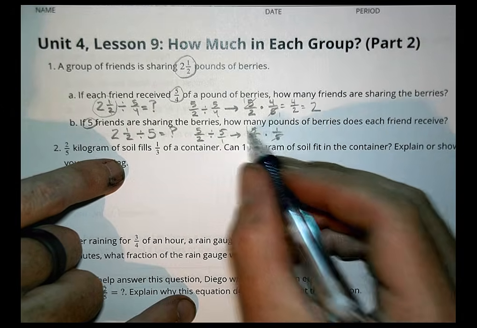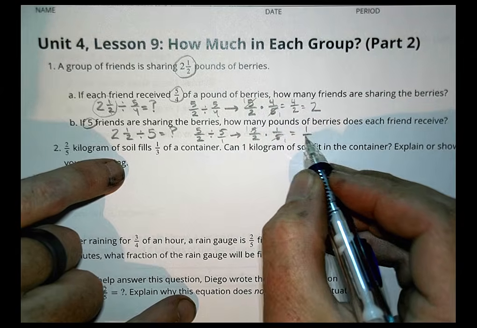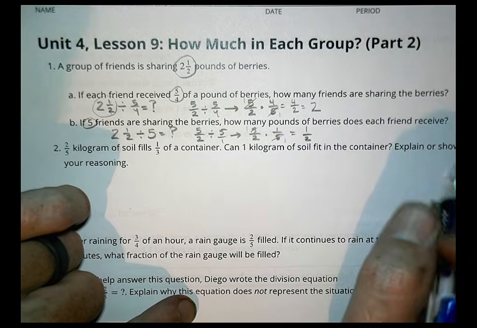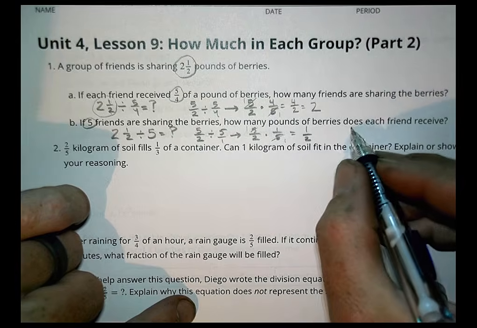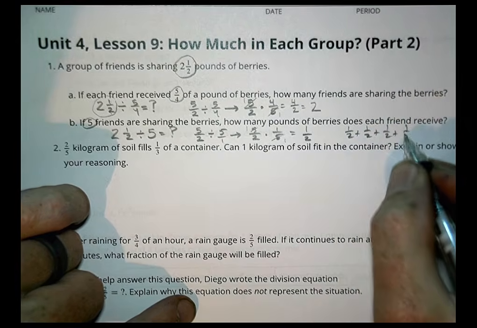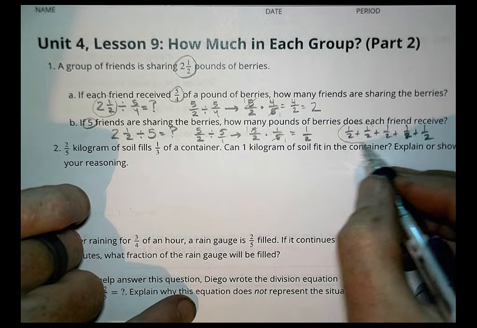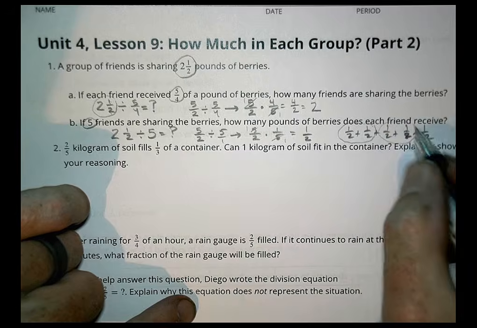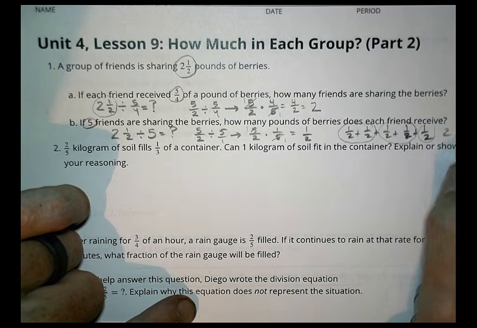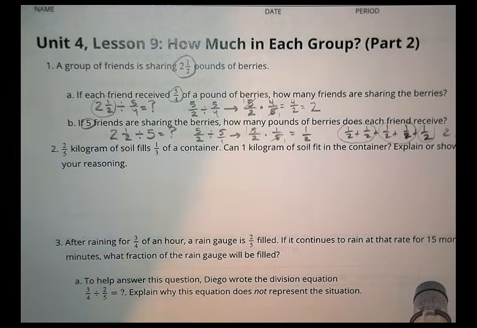The 5 is going to reduce to 1/1. 1 times 1 is 1, 2 times 1 is 2, and we end up with a half. Which, if you think about it, makes sense, right? Because a half for each person, and I have 5 people, that's 1 whole, 2 whole, and a half, 2.5. So that's my 5 people, and they each get half a pound.